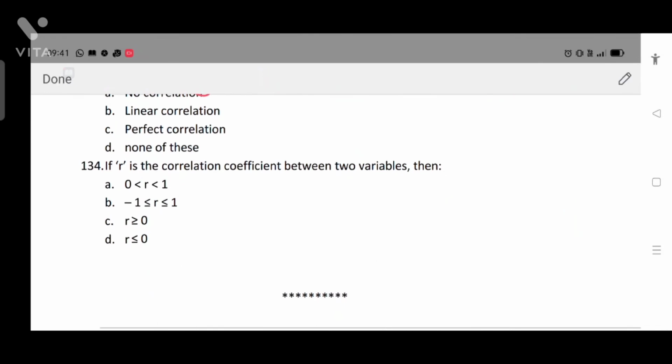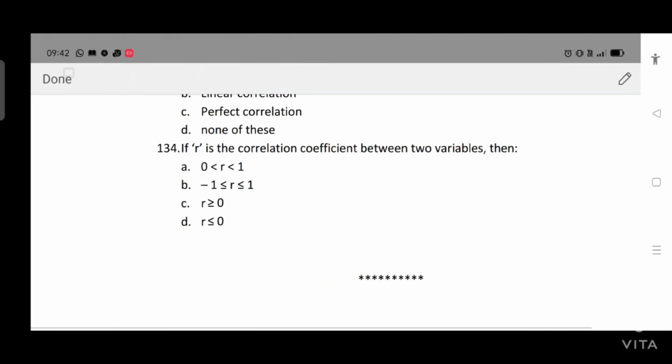If r is the correlation coefficient between two variables, then the range is A, B, C, D. Correct answer B. Minus 1 less than or equal to r less than or equal to 1. Answer is B.